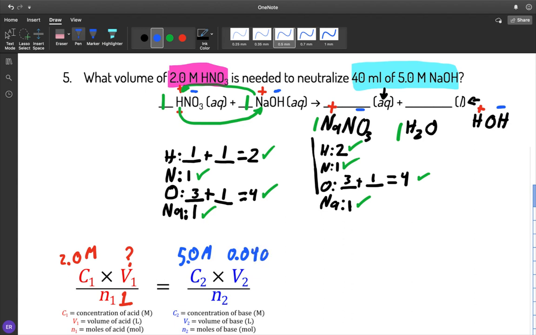Either way, it's still the same number, 0.04 liters. And then again, the balanced equation, for NaOH, we have a coefficient of 1, so our N is also 1.